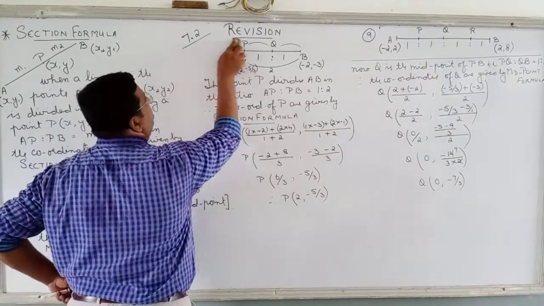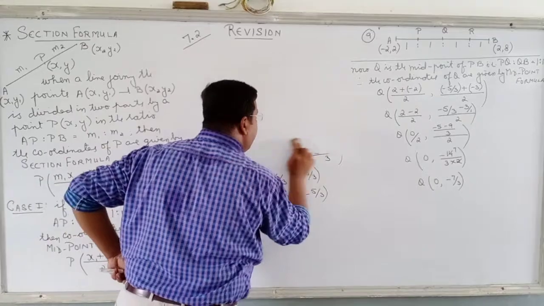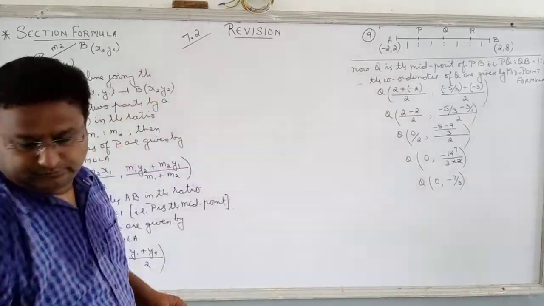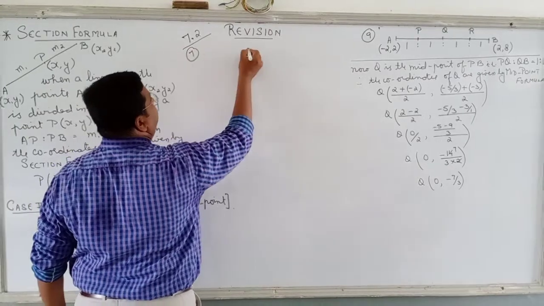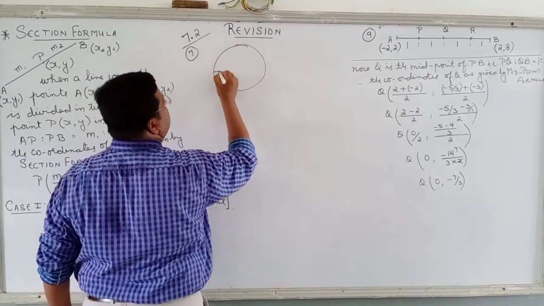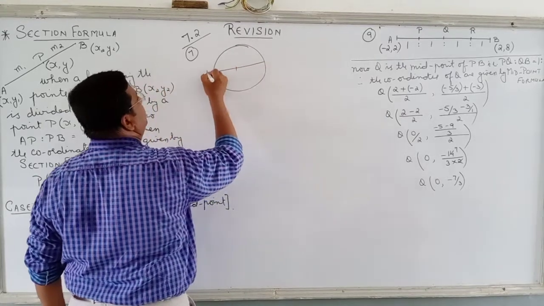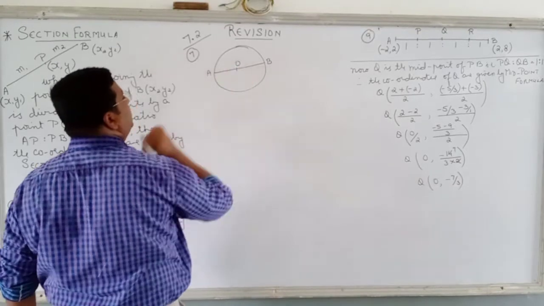Let us just clear this and come down to question number 7. It says AB is the diameter of the circle. This is a circle and this is the diameter AB. And we know the diameter passes through the center.